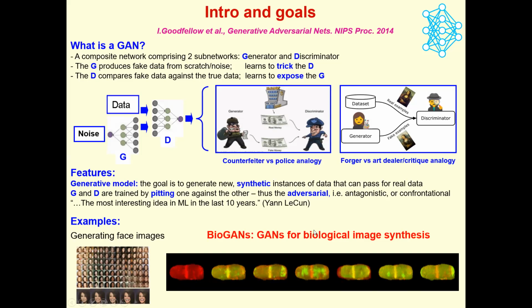The biological example of GANs to be discussed today, called BioGANs application, attempts to create fluorescent microscopy images that show localization patterns of certain proteins in the yeast cell. These patterns encode important biological function.